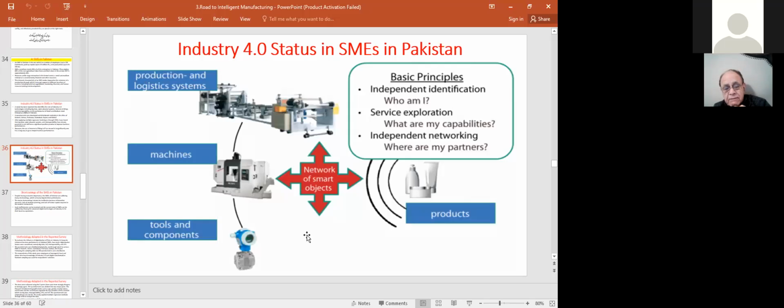It's really IoT and IT which can help them to a large extent.